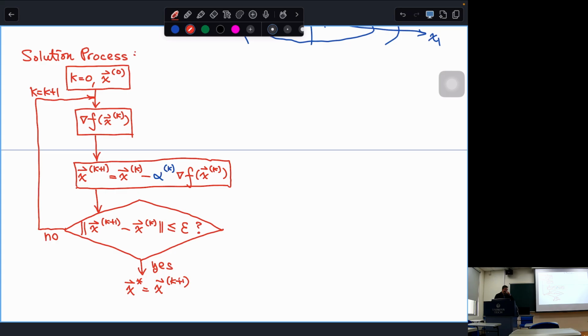So in order to evaluate this unknown alpha, we are actually going to solve a different problem for alpha. This procedure is called line search. So there is a line search. It's actually a subproblem. Okay?